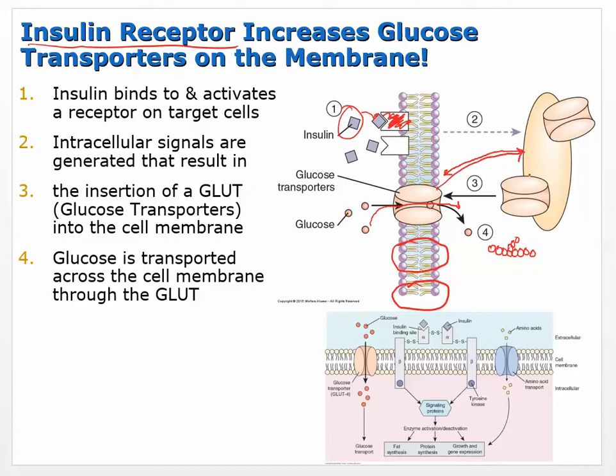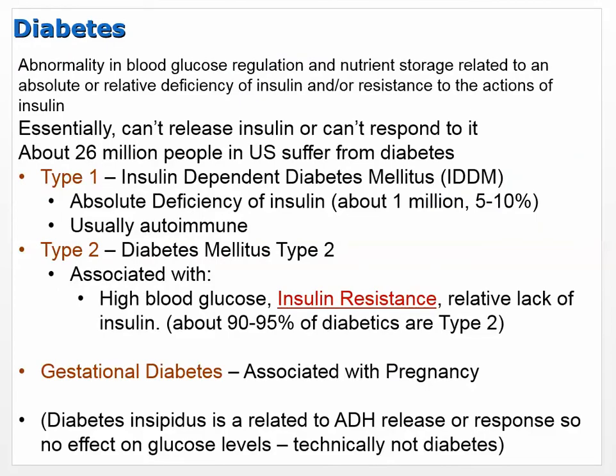They're just sitting there waiting. It's really a matter of putting them into the membrane, and they also have to be produced, obviously. But really, when insulin binds, it just causes the insertion of these glucose transporters. So glucose is transported across the cell membrane through the GLUT. GLUT4 is what it is. All right.